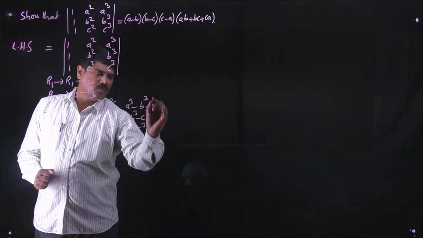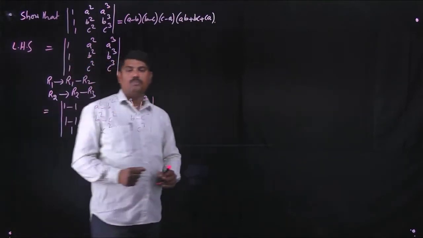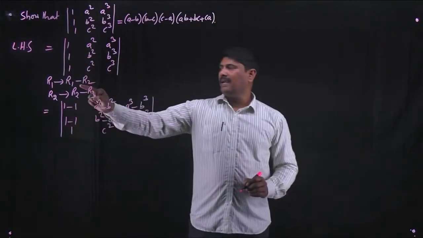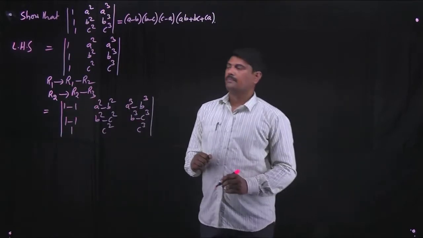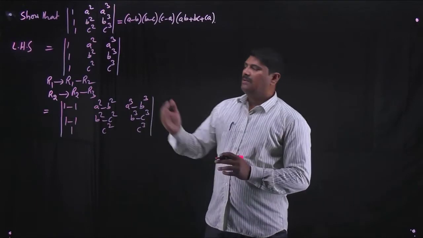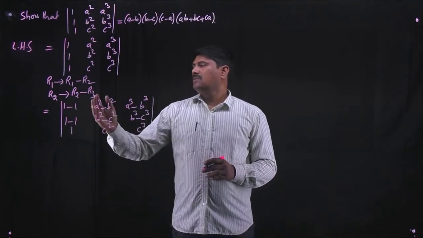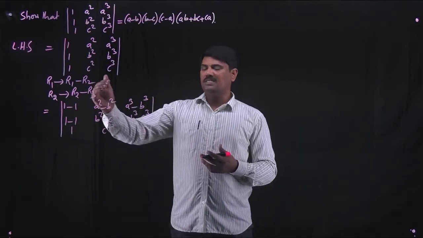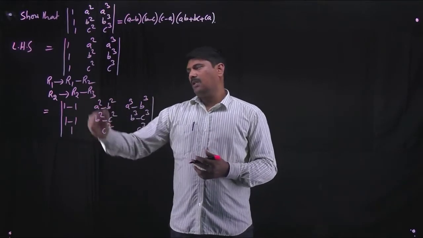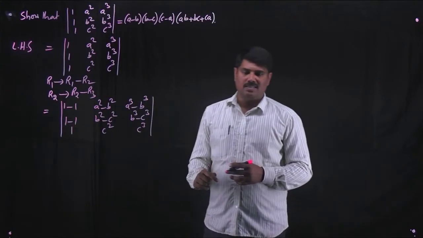So that remains 1, C square, C cube. So applying the condition, R1 changes as R1 minus R2, and R2 implies R2 minus R3. You will think later, what is the advantage, what is the use of doing such application.